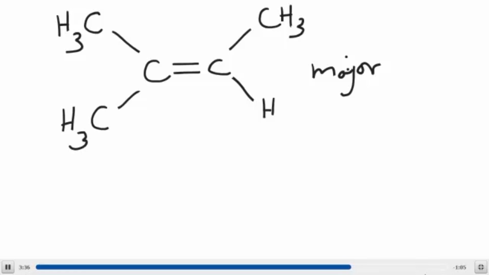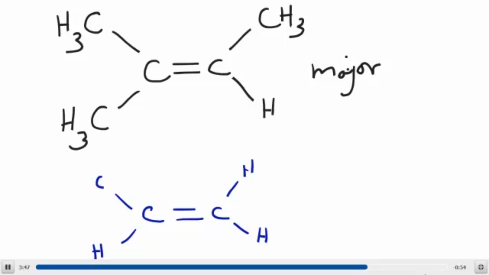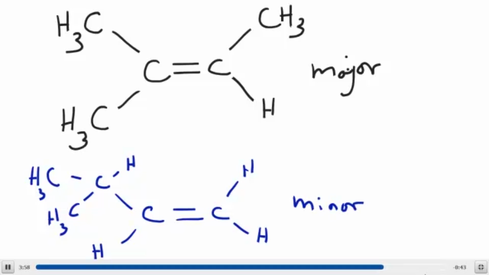The minor product is also possibly formed. Okay, this would be our minor. And then you would also have methanol as the corresponding conjugate acid from this reaction.